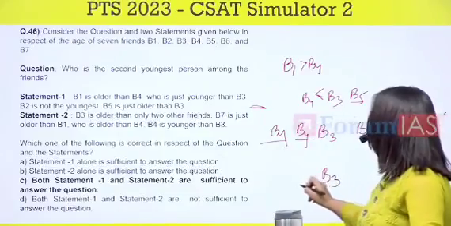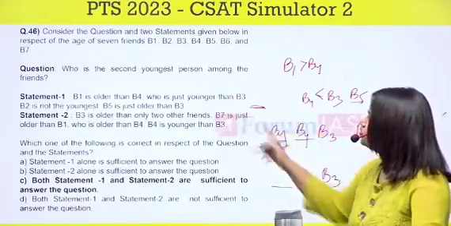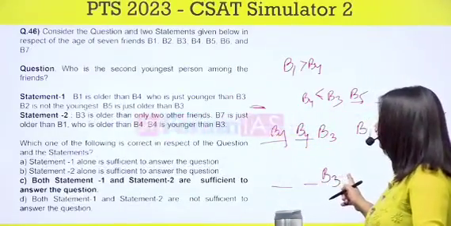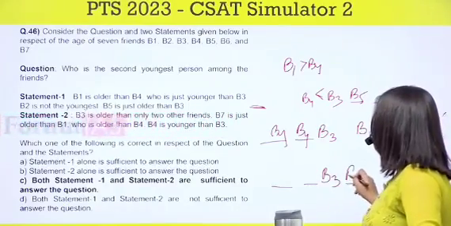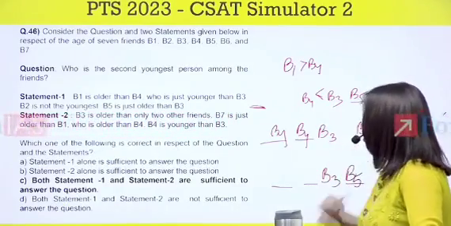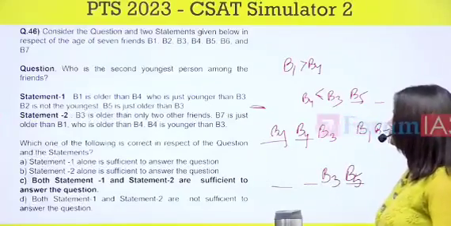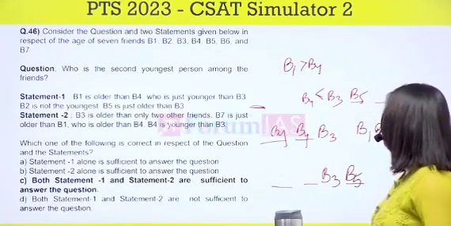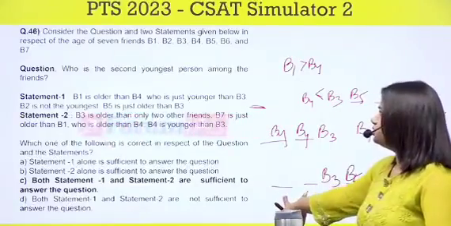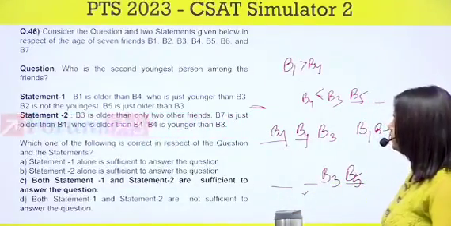B3 is older than only 2 other people from statement 1. B5 is just older than B3. B1 is older than B4. Right, B7 is just older than B1. B4 is younger than B3. B4 has to be somewhere here. This much we have identified.